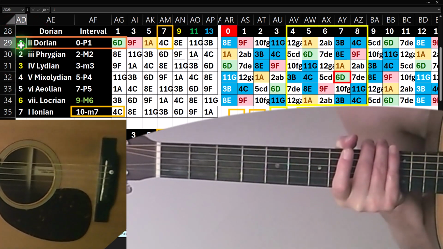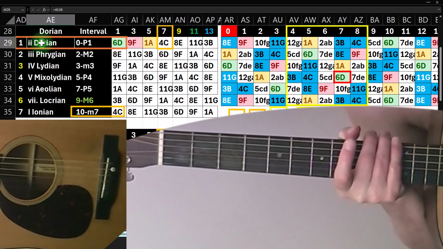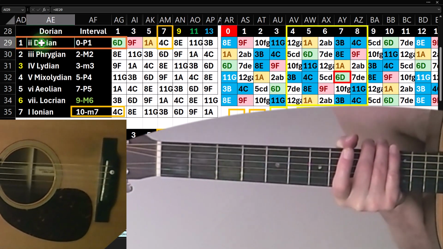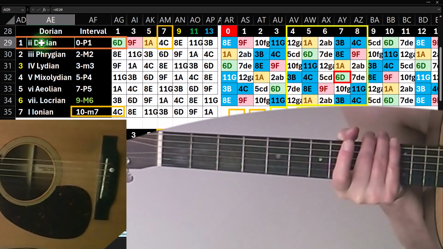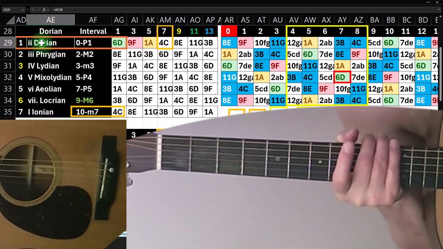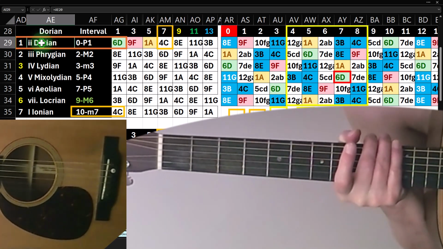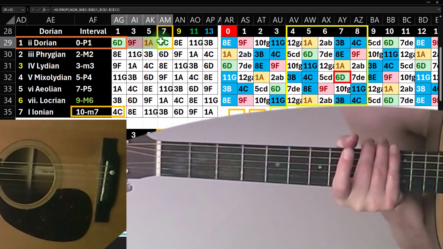But if I can say that I'm in Dorian, which is modal chord number 2 in relation to the major scale, then I know the Dorian is mode number 2. I know it's relative position 2, which means I'm going to play a minor chord around it, a minor third, but I also know it's a Dorian, which has the distinctive, I believe, 6th, right?